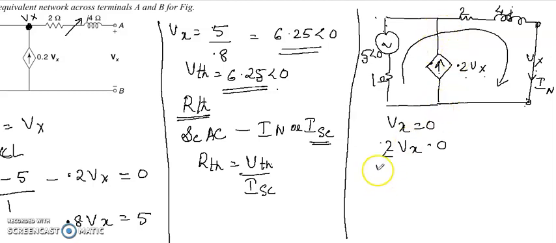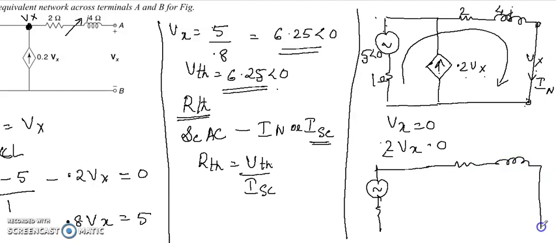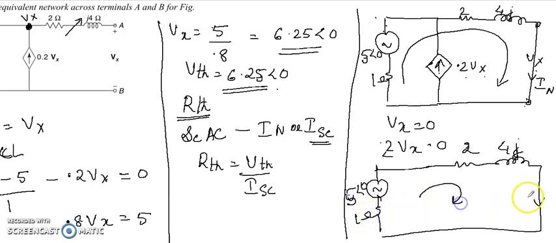You can exclude this branch and redraw it as this: 2, 4j, 5 angle 0 and 1 ohm. So now we have to find the current through this branch.